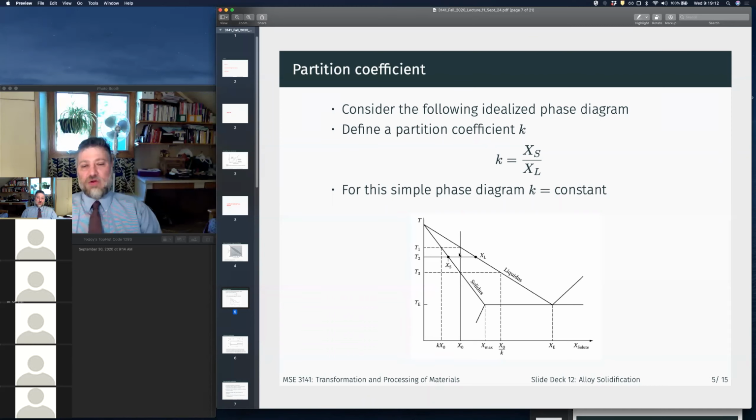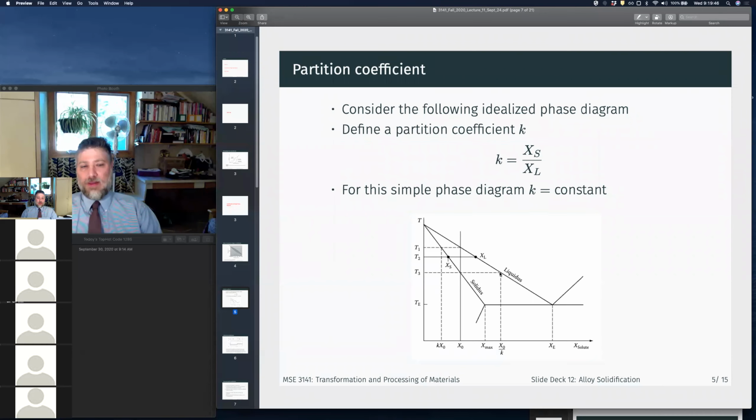As we cool down, both the solid and the liquid get more concentrated in solute. If we do this at equilibrium solidification, the last solid to form has our alloy composition, and the last liquid to freeze is going to have composition X naught by K.